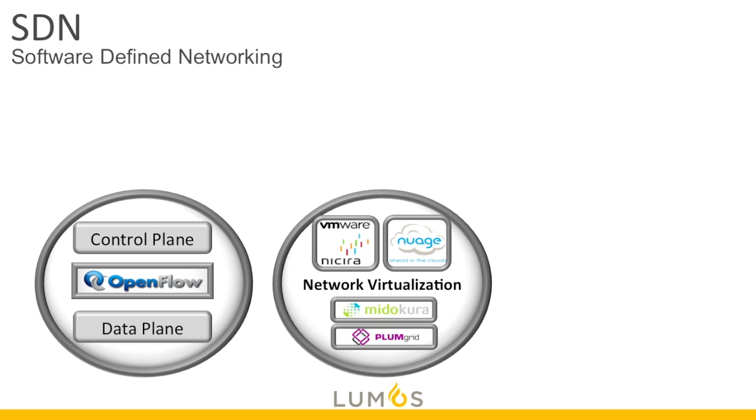Next, we have the concept of network virtualization, so virtual networks that we can set up and tear down on demand. Also, things like virtual firewalls, load balancers, and security devices that can be inserted and consumed.